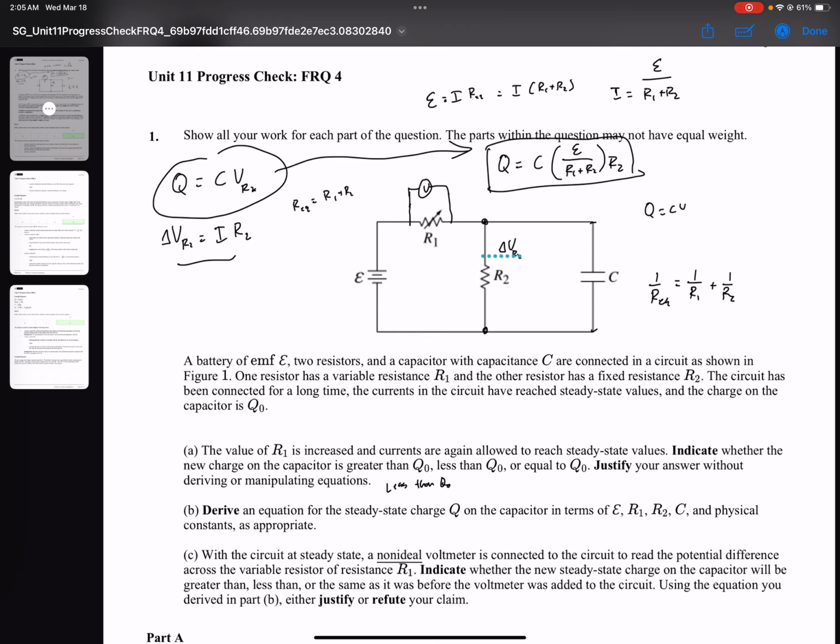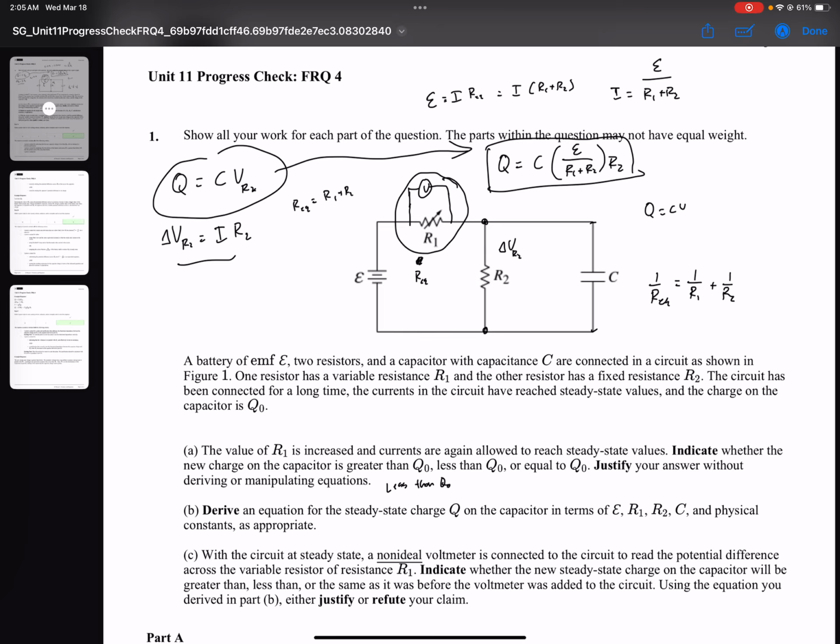So that is going to effectively decrease the resistance of resistor R1. Well, not exactly. The equivalent resistance here. So instead of R1, I'm going to put REQ for this part of the circuit. That equivalent resistance will be smaller with a non-ideal voltmeter.